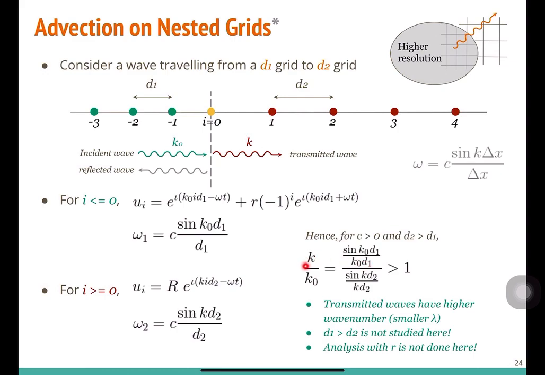It's larger than 1, right? Which means that your transmitted waves have higher wave numbers or smaller delta. It's something that we don't want because it's not physical. It's due to the boundary in here.